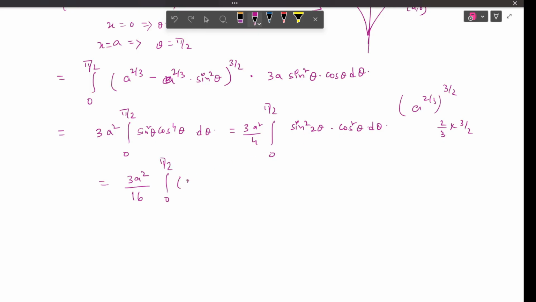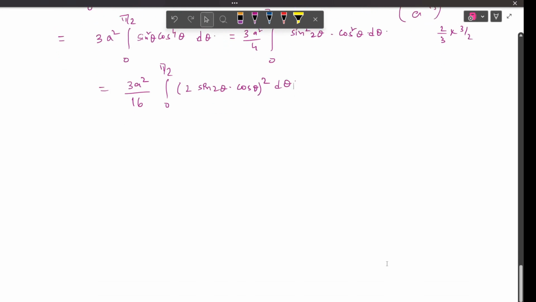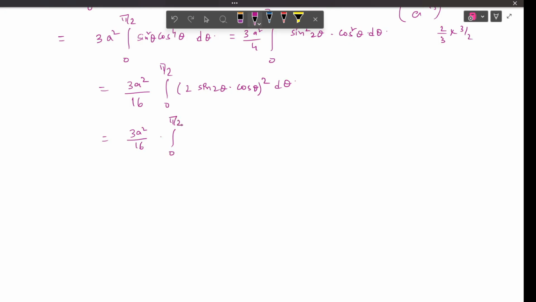So if it is under square, it will be 2 sin 2 theta cos theta whole square. So 2 square is 4. 4 and 16 cancel out to give 4 d theta.